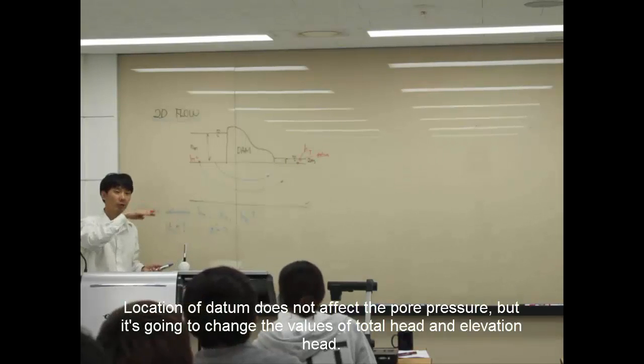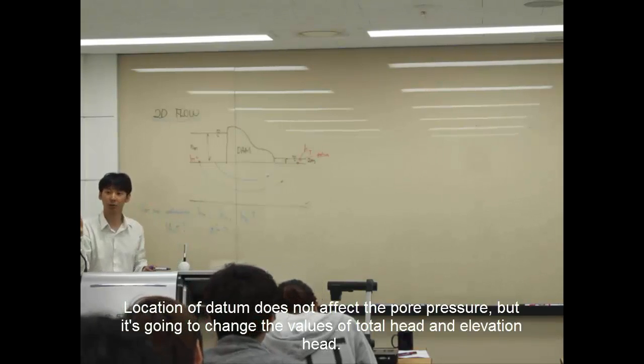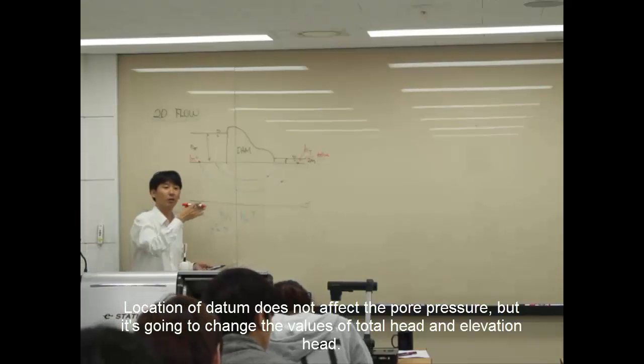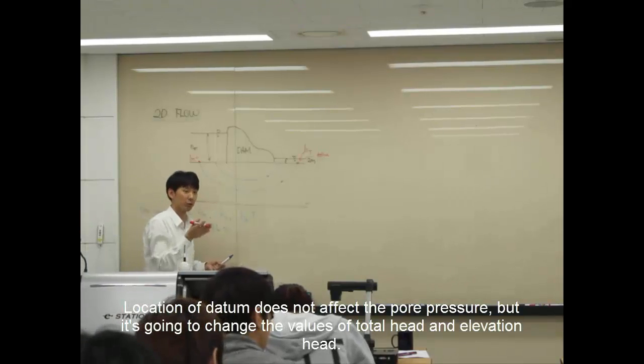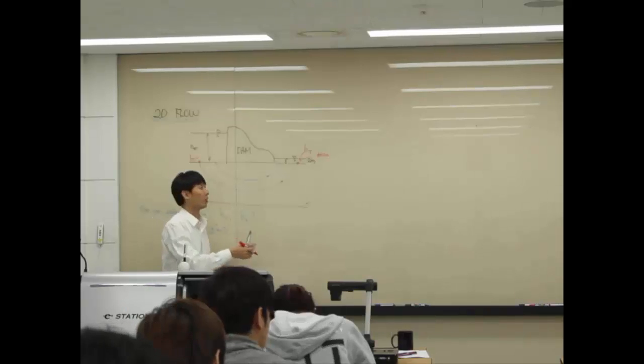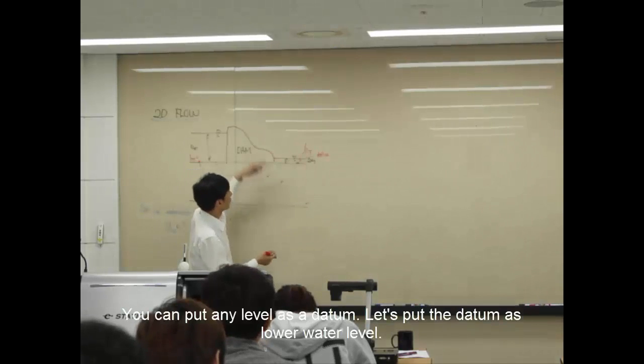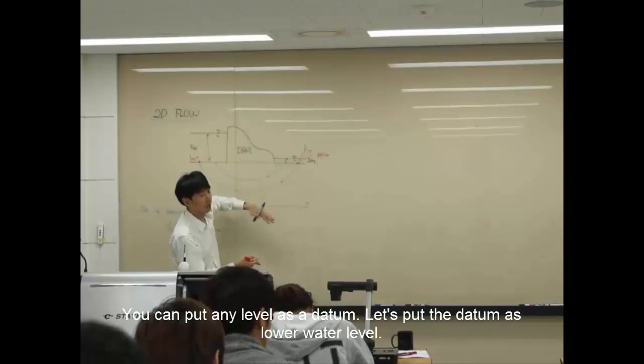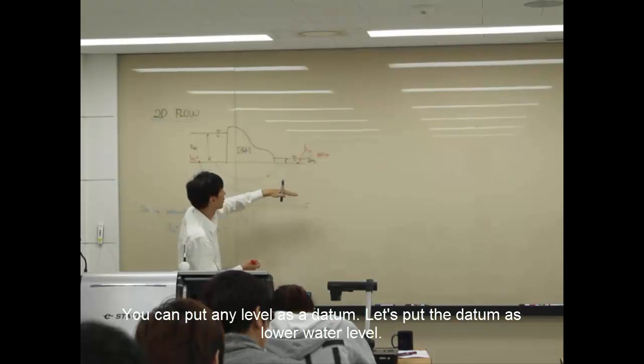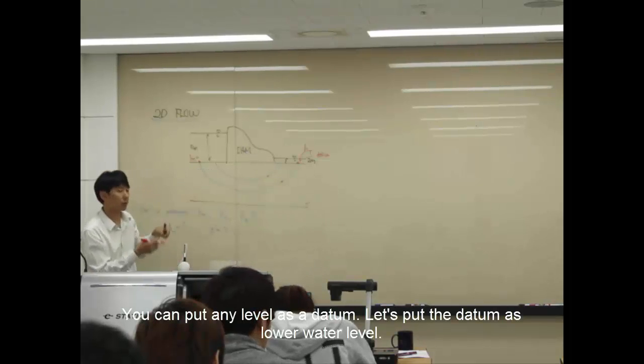Okay? The location of the datum doesn't affect the flow pressure, but it's going to change the value in total head and the elevation head. So you can select any level as a datum, which will be the reference point.